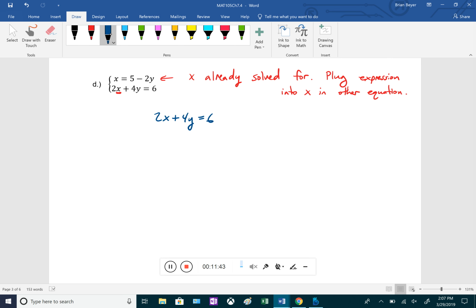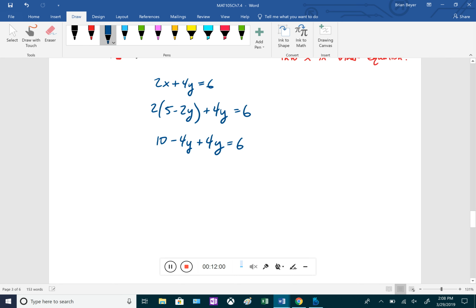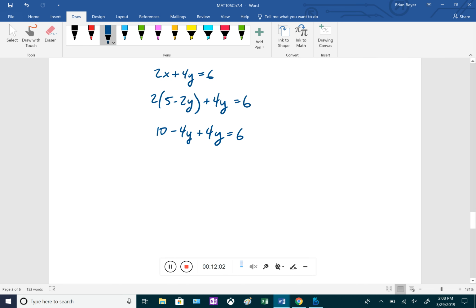So we plug in for x: 2 times (5 minus 2y) plus 4y equals 6. We distribute the 2 and get 10 minus 4y plus 4y equals 6. We probably recognize here that these y's actually cancel.